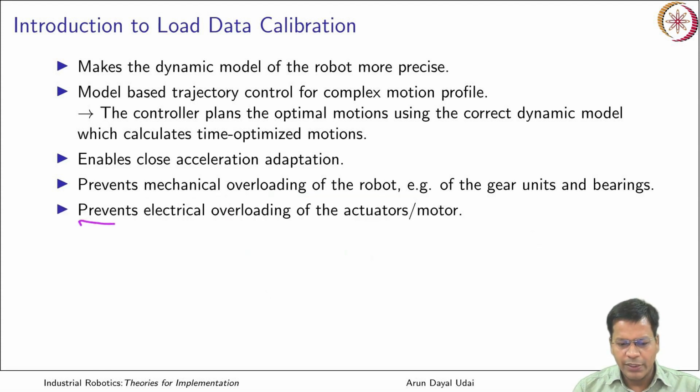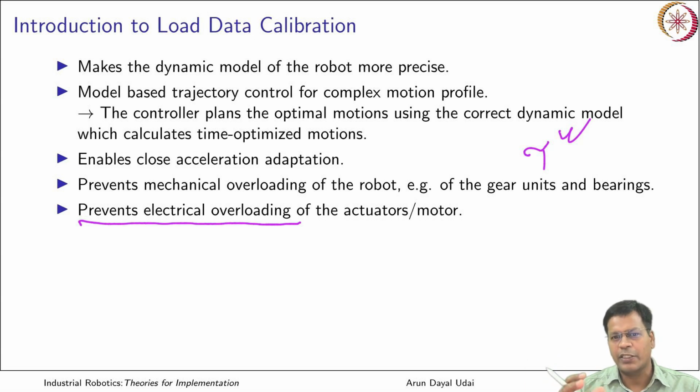It also prevents any electrical overloading. If your system is loaded with a huge amount of unknown torque, the only thing known is what comes from the mass and moment of inertia of the links, but you also have added supplementary loads, additional attachments at the tip of your robot, your end effector maybe.